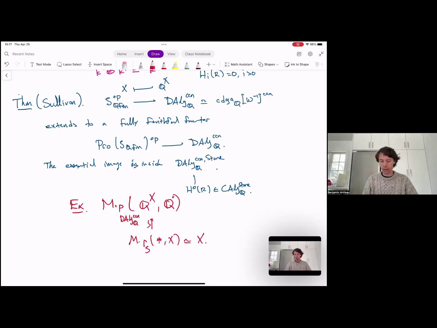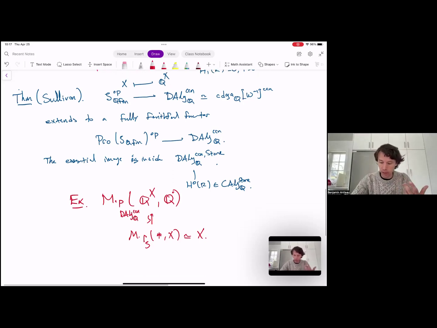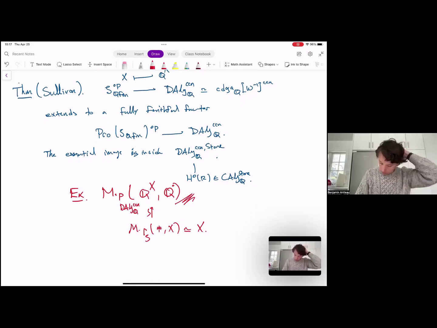If you think about it, this is kind of like the space of augmentations of your algebra, and we're saying the space of augmentations of Q cochains on X is X. That's one way of thinking about this theorem. So this is quite classical.